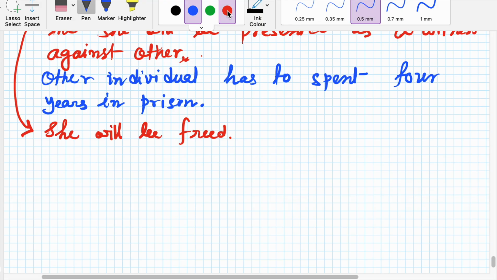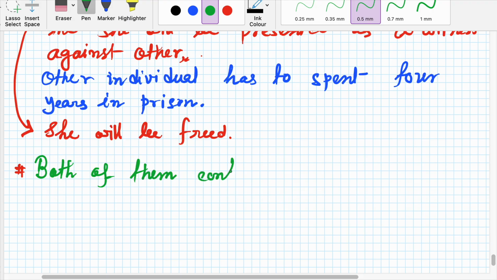Another option is if both of them confess, then both of them have to serve 3 years.